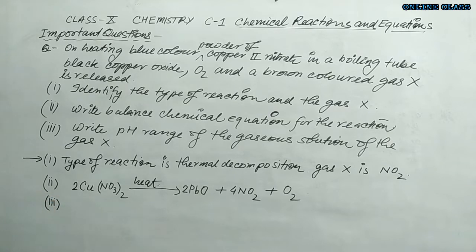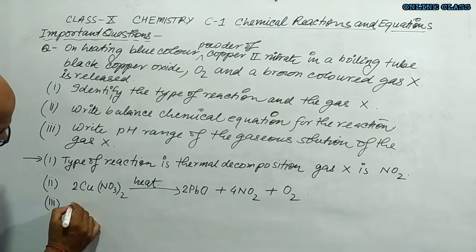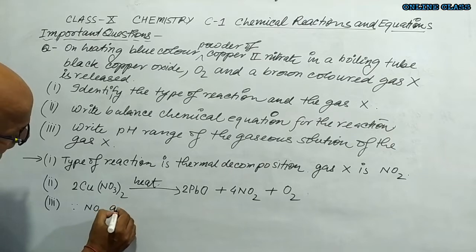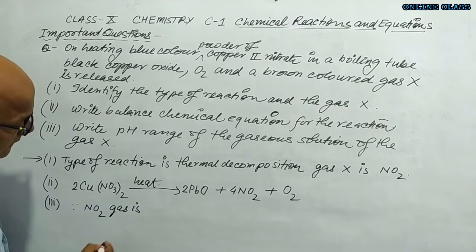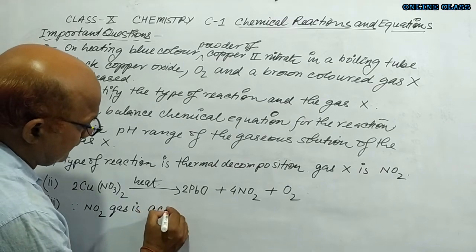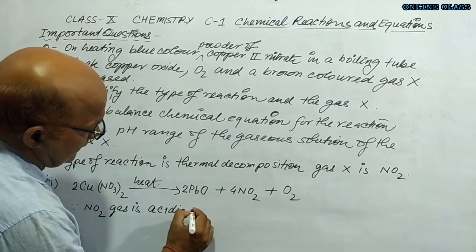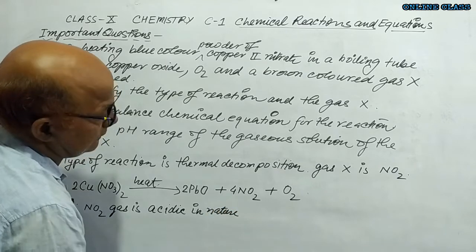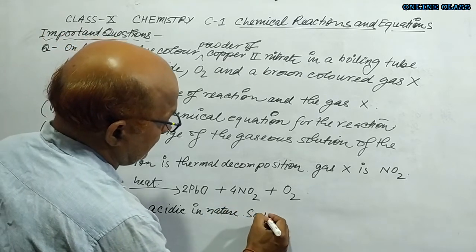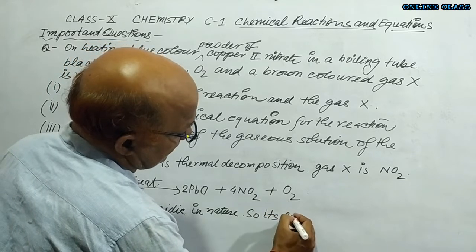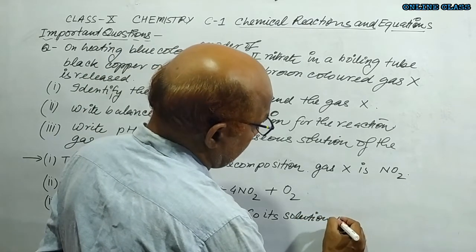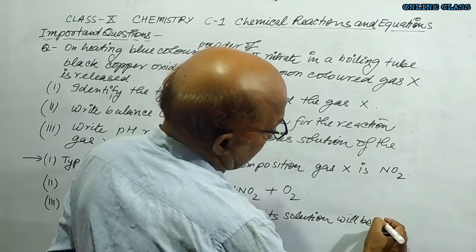Third part is, write the pH range of the aqueous solution of X. Since NO2 gas is acidic in nature, its solution will be acidic.